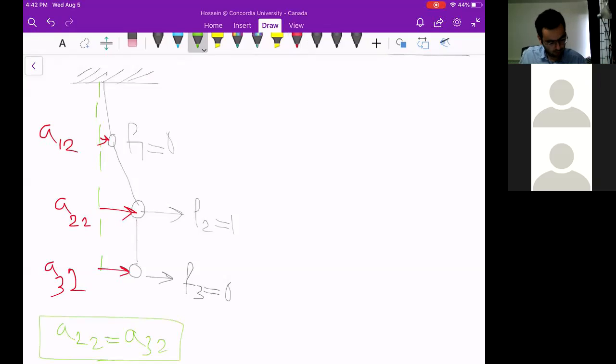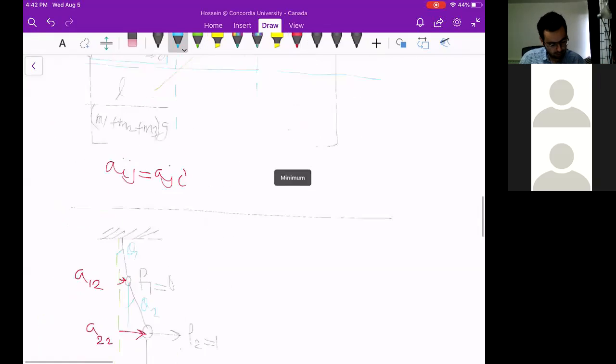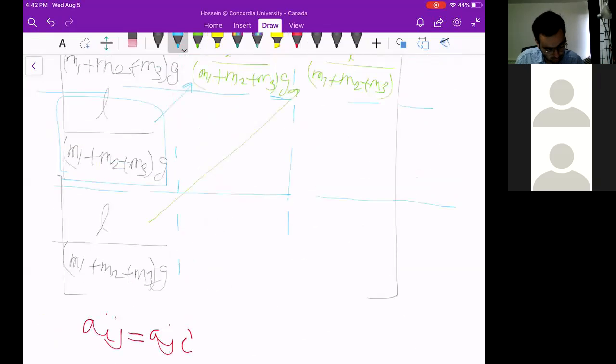Let's call it theta 1, let's call it theta 2. I'm heading toward finding A22. This is my goal. I don't have A22.